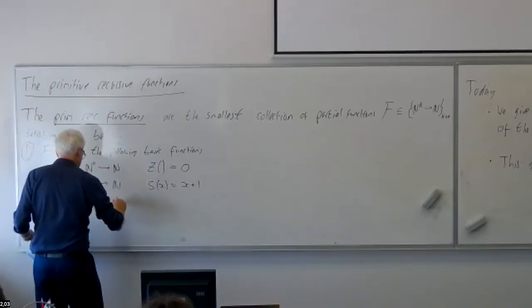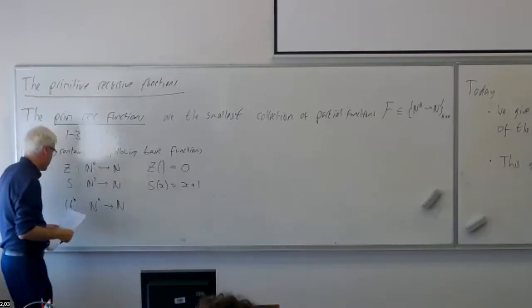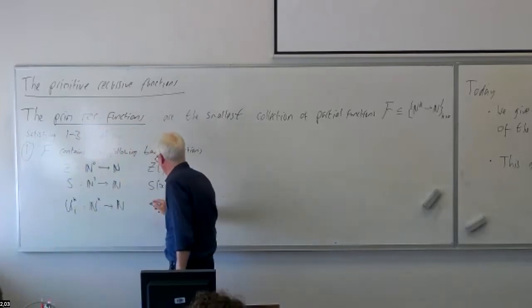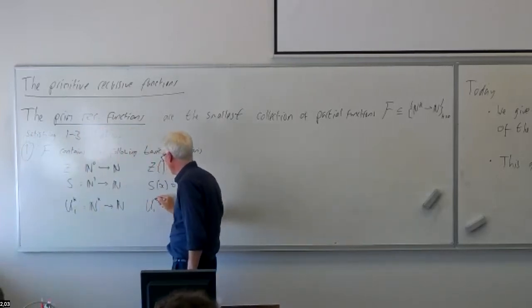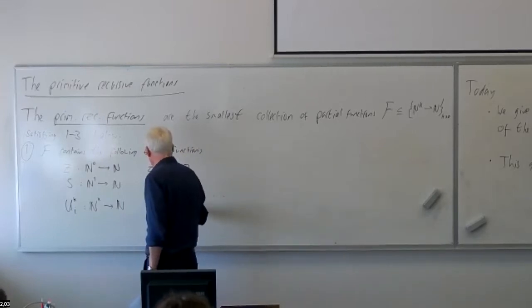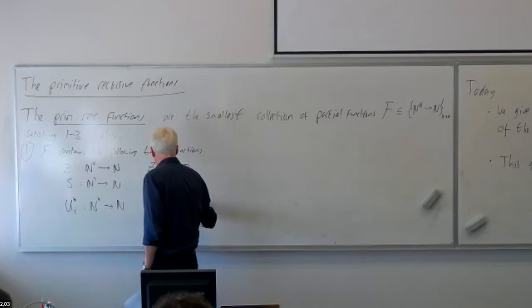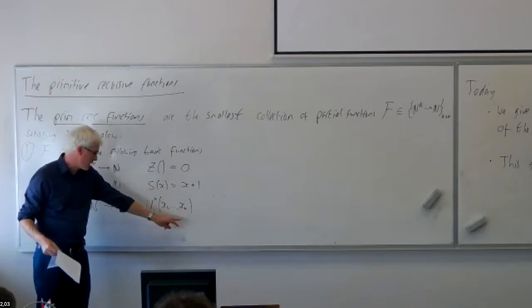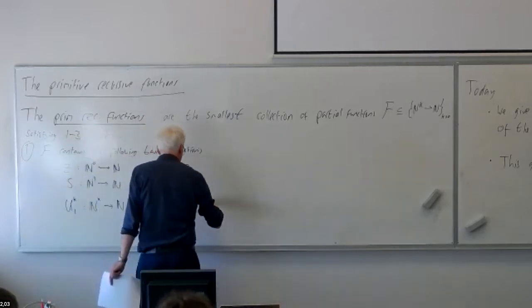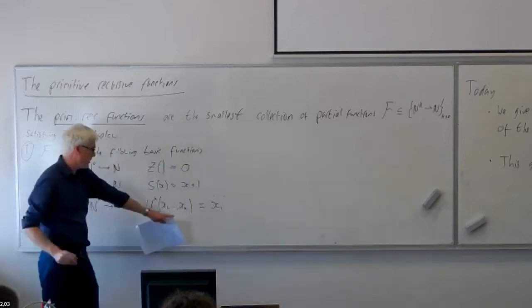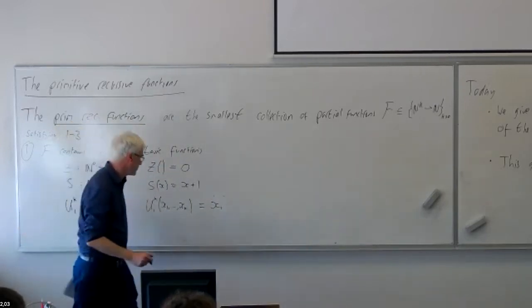So the idea here is that, I don't know why in the literature it's called U, it's a projection function, but anyway, if we give it a k tuple of inputs, x1 through to xk, then it projects on the I index component, so on xi.